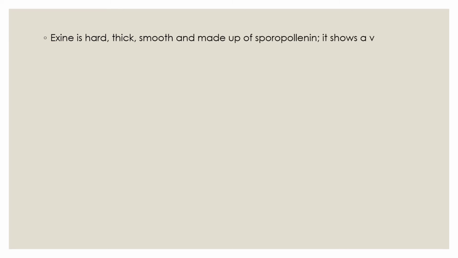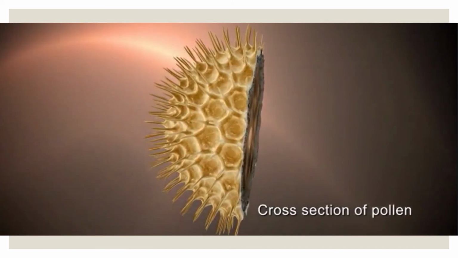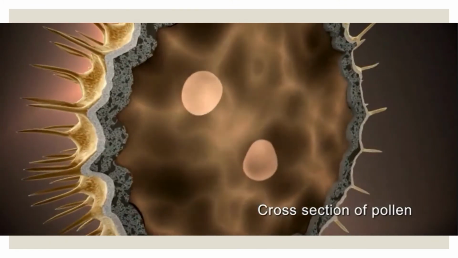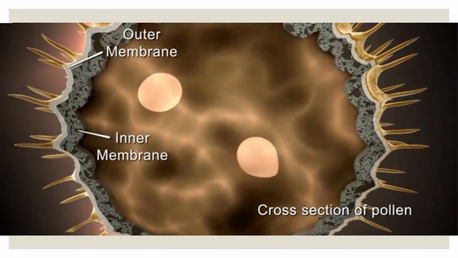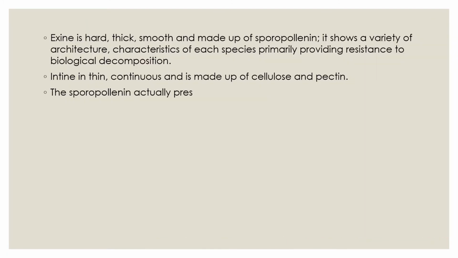The outer exine is hard, thick, smooth and made up of sporopollenin. It shows a variety of architectural characteristics of each species, primarily providing resistance to biological decomposition, whereas intine is thin, continuous and made up of cellulose and pectin.